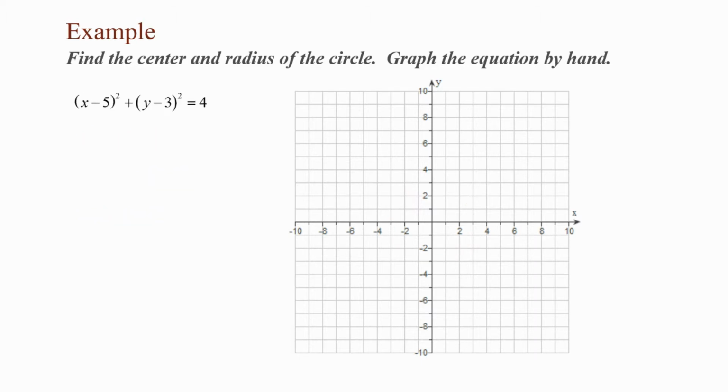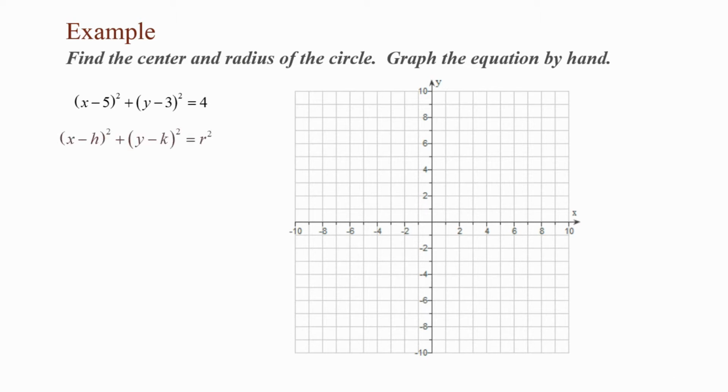In this example, find the center and radius of the circle. Graph the equation by hand. (x minus 5) squared plus (y minus 3) squared equals 4. For this one, we want the equation of the circle that shows our center of h and k.